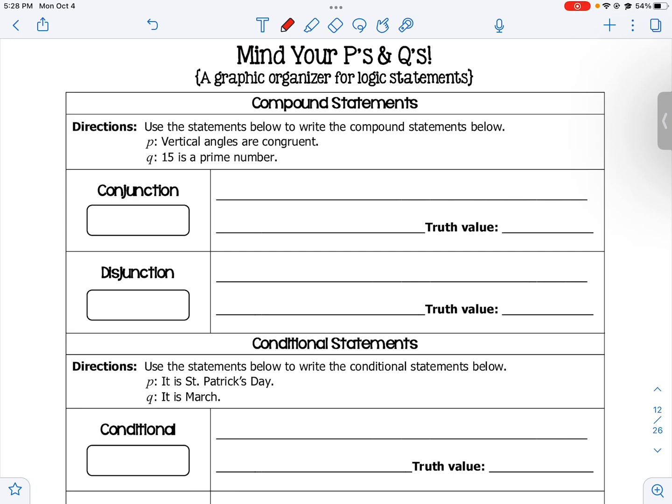We're going to use the statements below to write a compound statement. P represents vertical angles are congruent, and Q, 15 is a prime number. A conjunction. That one's "and."